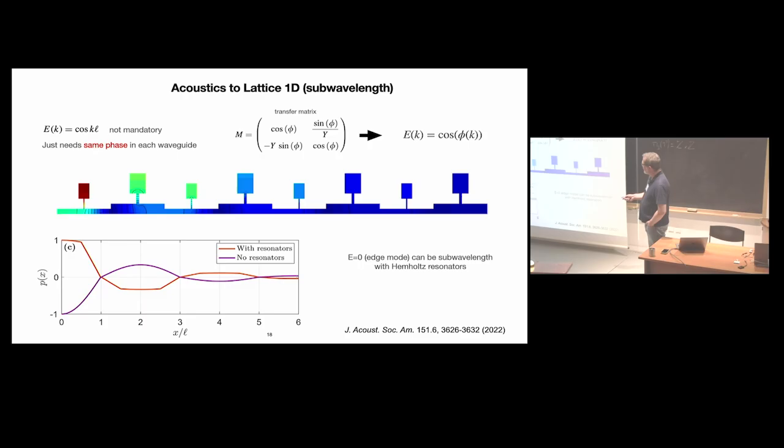Here is a segment equipped with a Helmholtz resonator, and it's possible to play all the same game, but instead of the simple KL, we have a phase phi of K that depends on the resonance. It allows us to go sub-wavelength, because of course this zero energy is going to KL equal pi over 2, so a quarter-wavelength resonance, but with that we can go to much smaller. And here is how the edge wave looks using this approach.